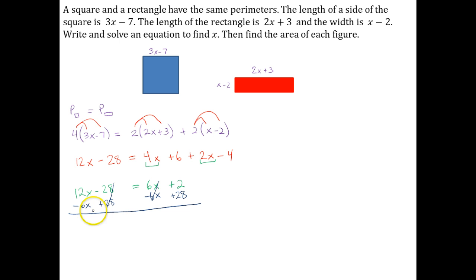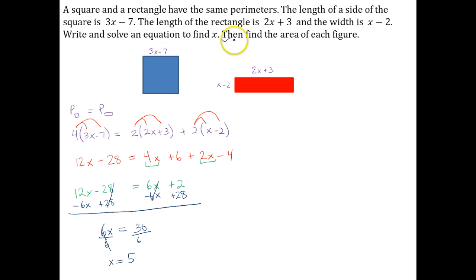And I got 12x minus 6x is 6x, and 2 plus 28 is 30. And then 6 times x, I just got to divide both sides by 6, and I get x equals 5.